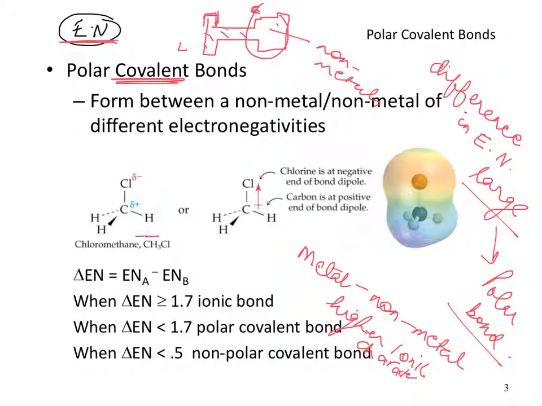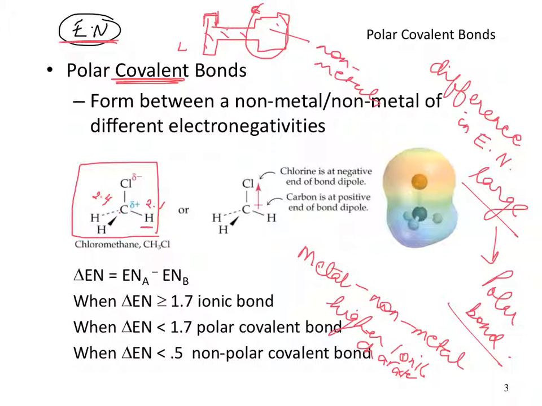Over here, I'm showing you an example, which is methyl chloride or chloromethane. Notice I have 3 C-H bonds. Recall from General Chemistry 1, your teacher should have told you that on the Pauling scale, which is what we use to measure electronegativity, hydrogen is at 2.1, carbon is at 2.4.